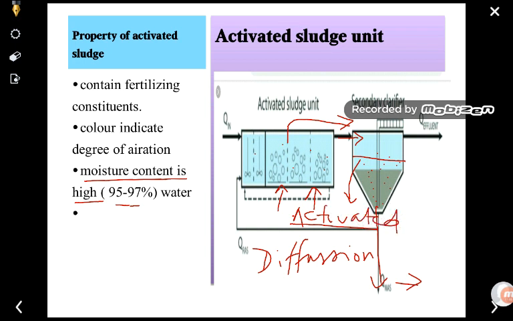So activated sludge contains those organisms which can oxidize. Normally these are nothing but aerobic bacteria and other microorganisms which can oxidize. So why is it said to be activated? Because it contains certain organisms like bacteria and microorganisms which are normally active in their functions.